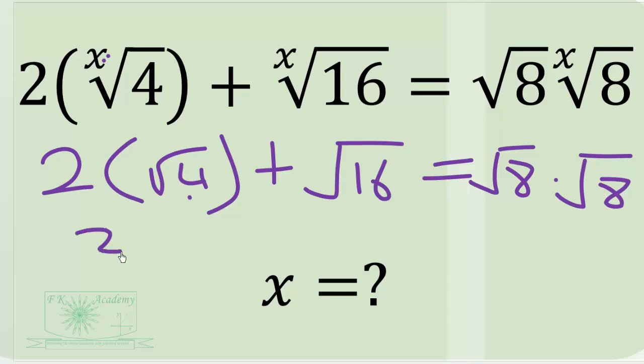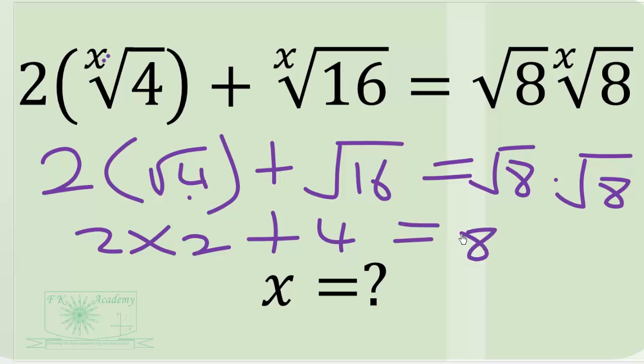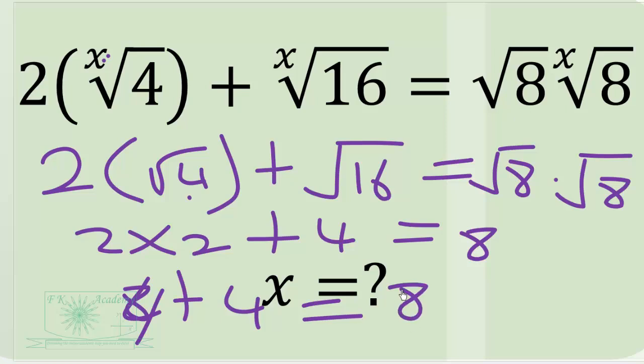Square root of 4 is 2, so we have 2 times 2. Square root of 16 is 4. Square root of 8 times square root of 8 gives us 8. So we have 4 plus 4 being equal to 8. 8 is equal to 8. Hence, x equal to 2 is correct.